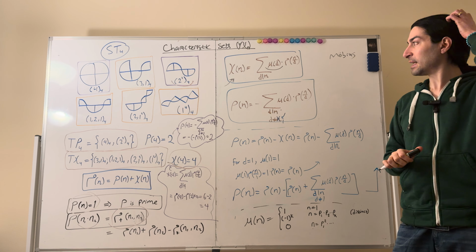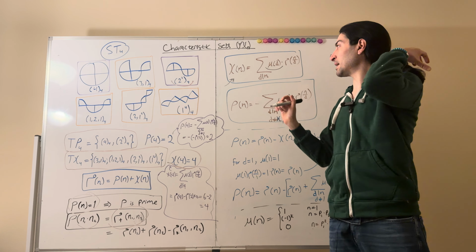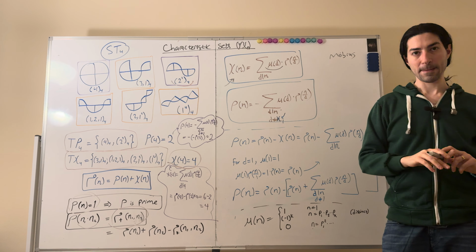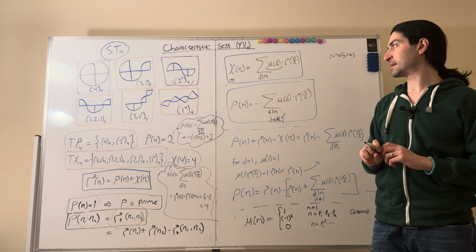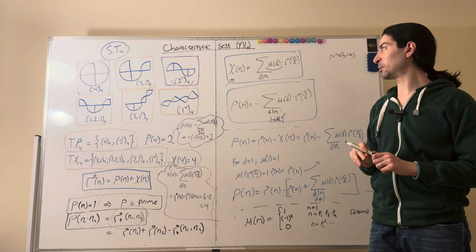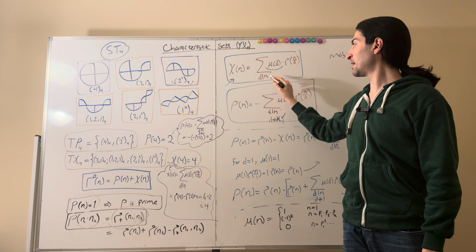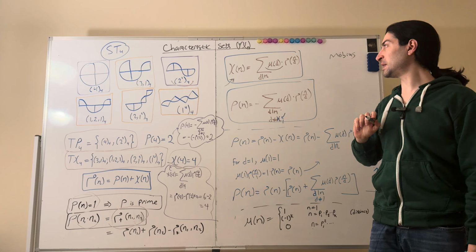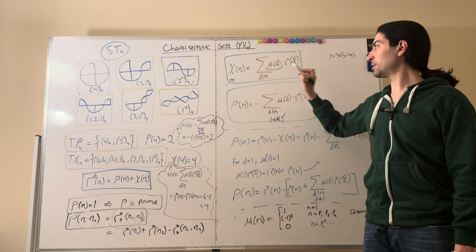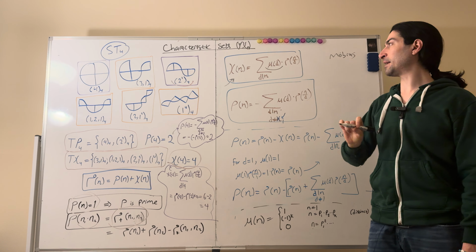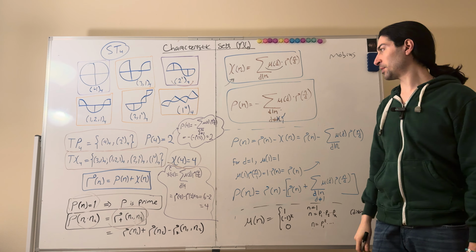So what is d? d are all the divisors of n. And n, of course, is the degree that we're concerned about. So this will be the sum of the Möbius function of the divisor times meem of n over the divisor.